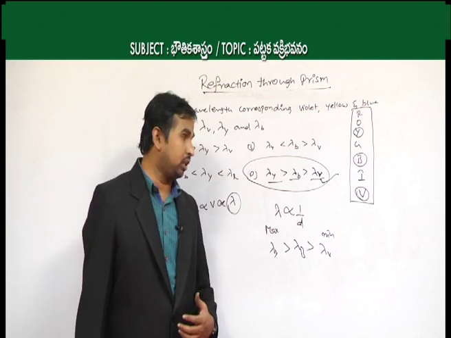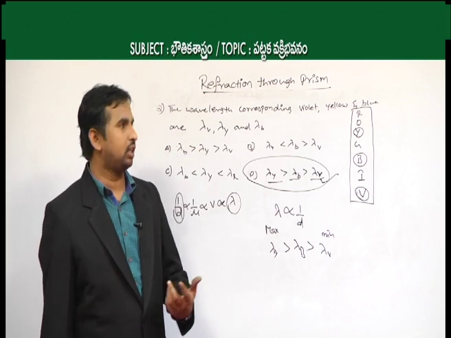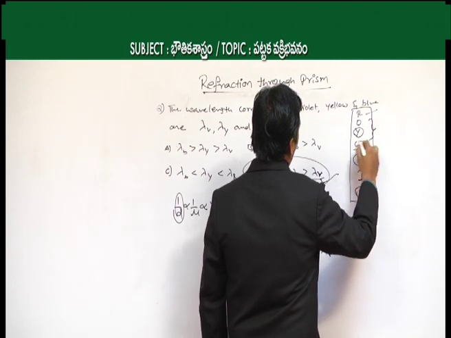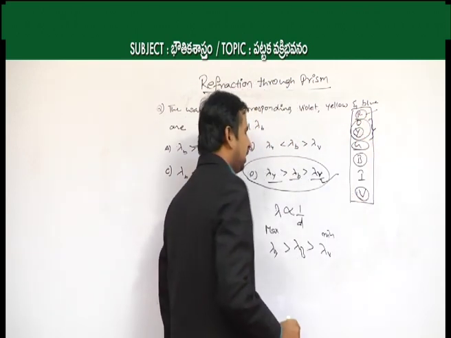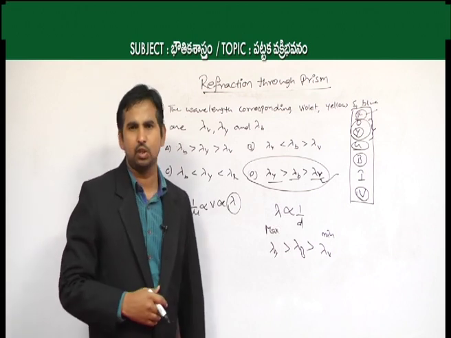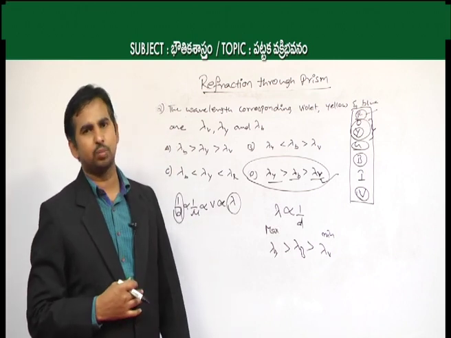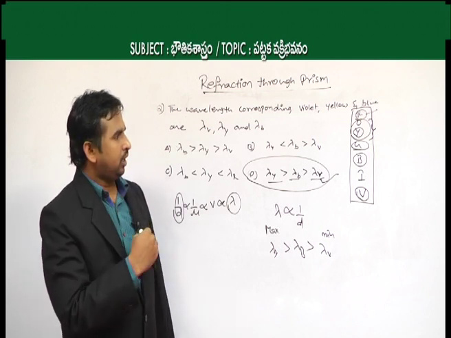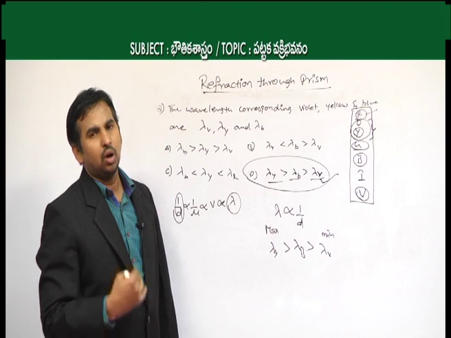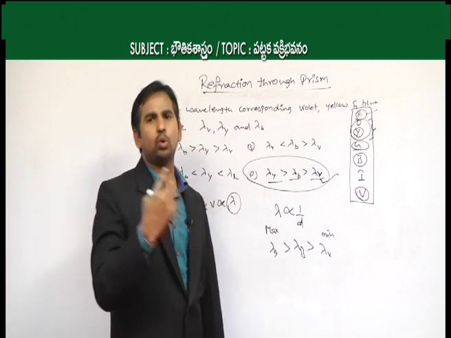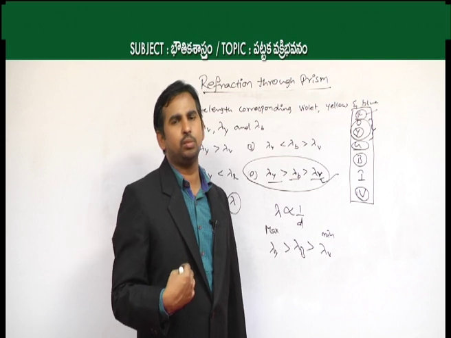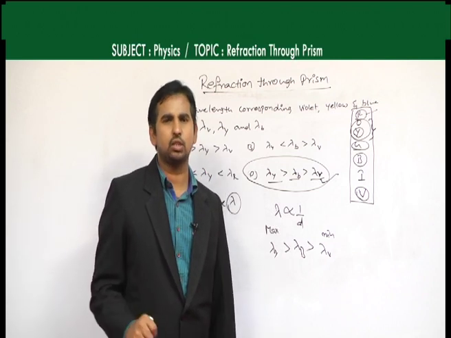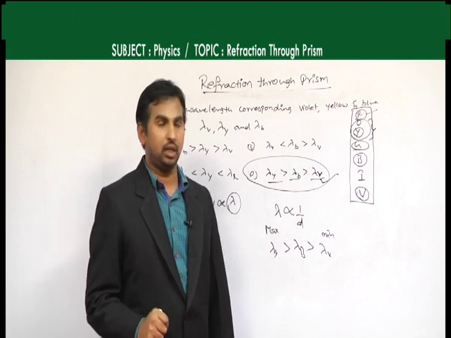And that is why the first three colors, red, orange or yellow, and green, we use particularly in traffic signals, because they have the maximum wavelengths when compared to the remaining colors. Having more wavelength means these waves can travel a longer distance.